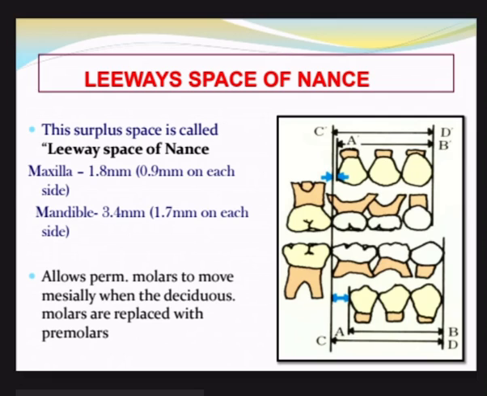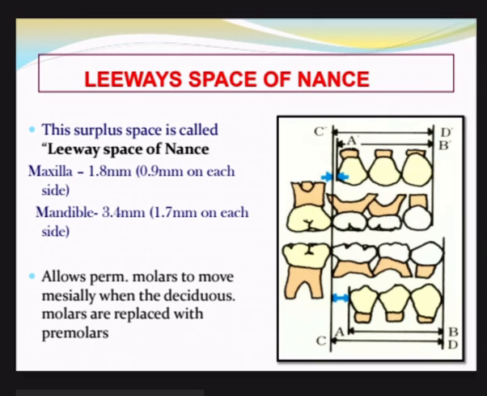Very important concept. If you look at the picture again, I'm explaining because I know some people won't get this. The mesiodistal dimension of your primary canine and your primary molars is bigger than that of your permanent canine and premolars. So when this tooth is shedding off and these premolars are erupting, there is this extra space.